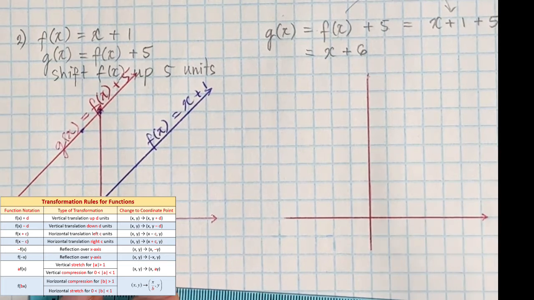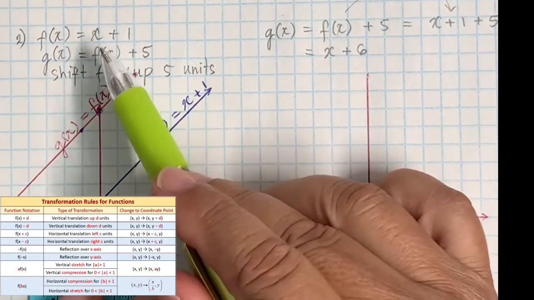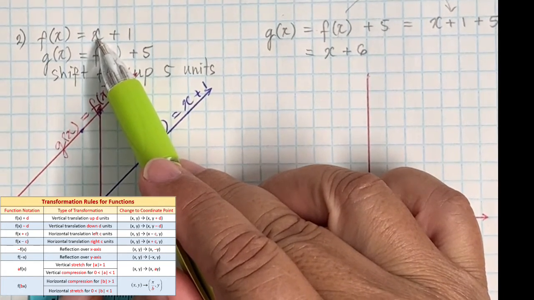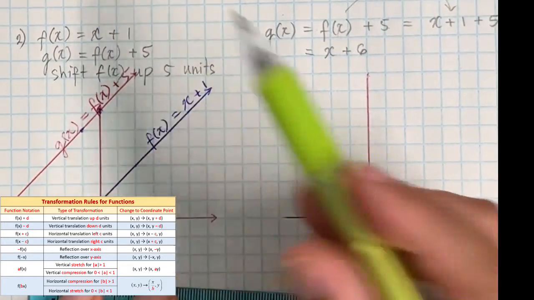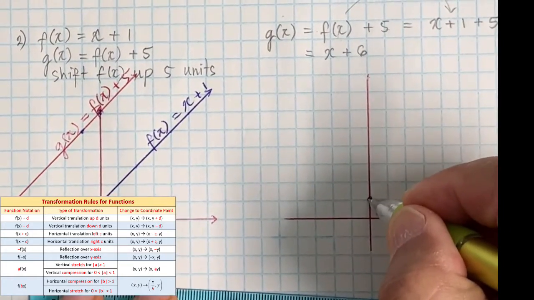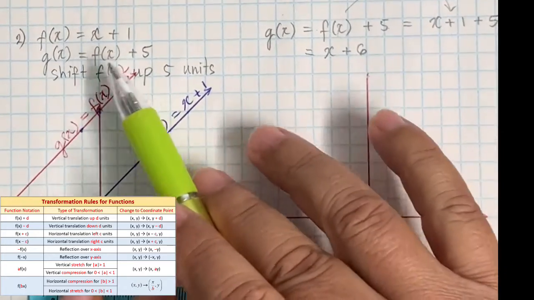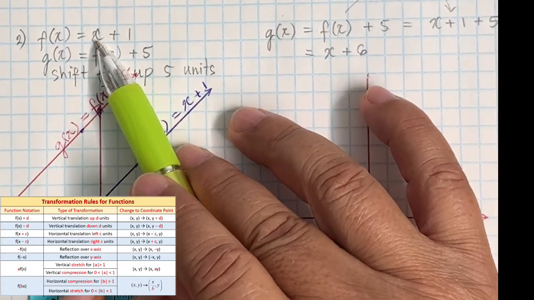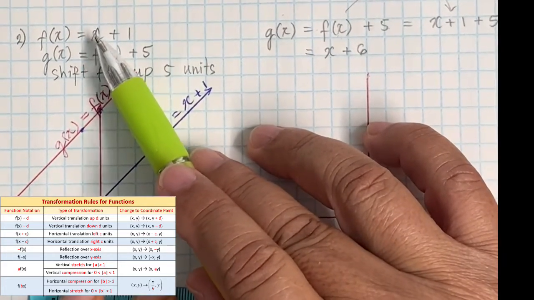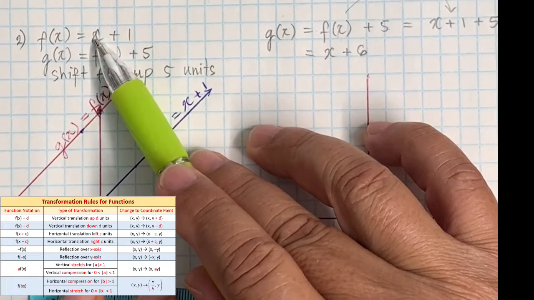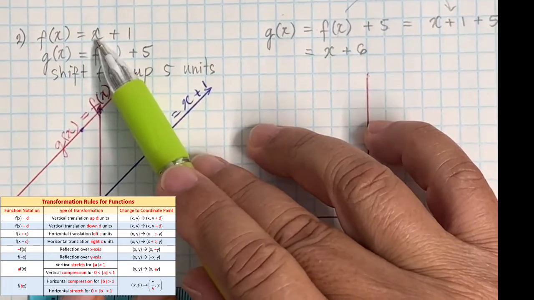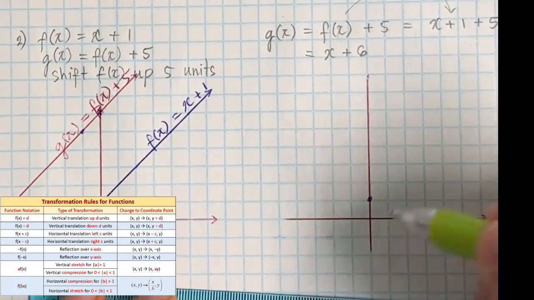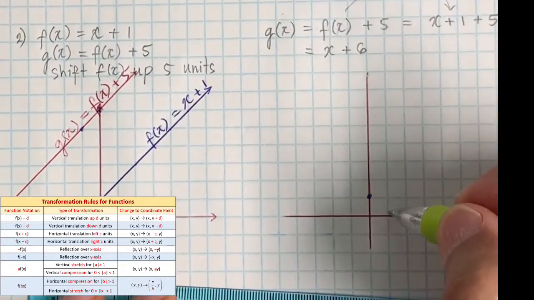So again, f of x, when x is 0, f of 0 is going to be what? 1. So it's here. 0 and 1. Well, if you want a 2, that's fine too. Let's say x is 1. 1 plus 1 is 2.